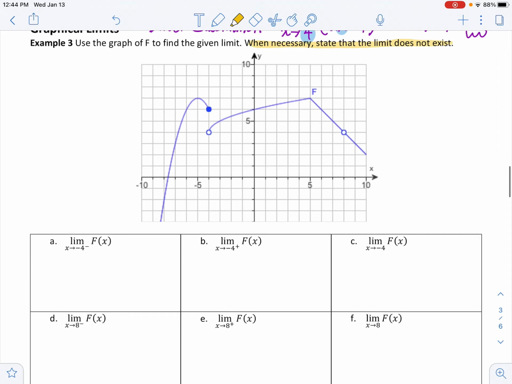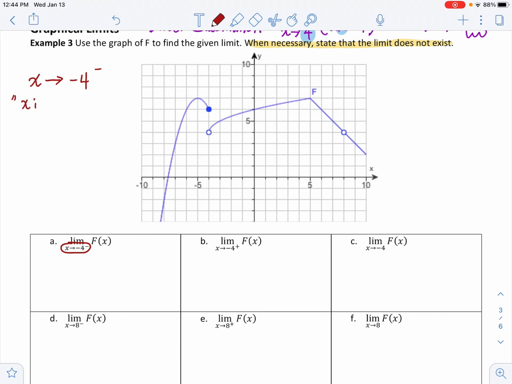All right, let's start with the first one, but do remember how we used the arrow notation. Let's go over this one right here. The part that I circled, we have x is approaching -4 from the left. Reading is important. Being able to read what these notations are saying, that's how we understand what we are finding in this problem.